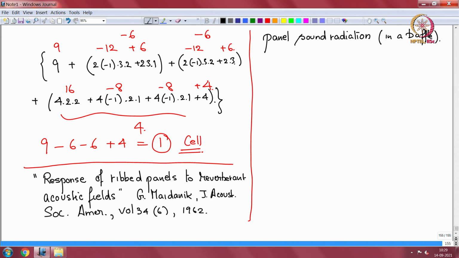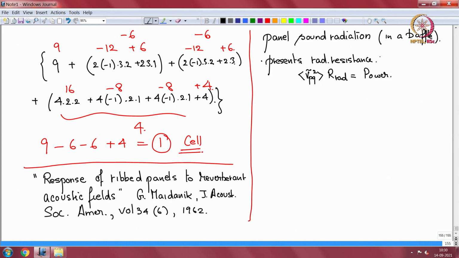This is where Maidanik presents radiation resistance. Okay, so this mean square velocity, into radiation resistance is sound power. Okay, that's how radiation resistance is defined.